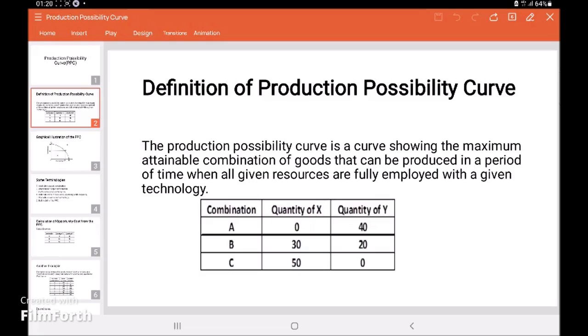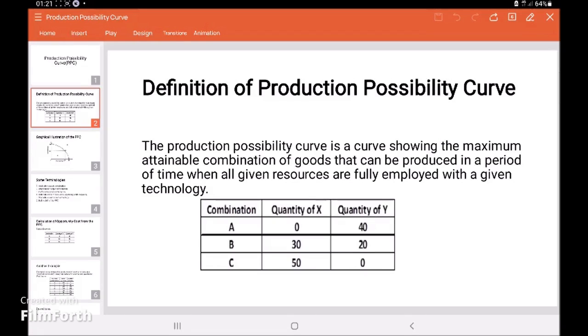In the table below are some combinations of two goods, that is X and Y. I'll take you through the table. This is a table which shows the production possibility curve of a country, and the combinations are A, B, and C. The commodities being produced by the economy are commodity X and commodity Y.